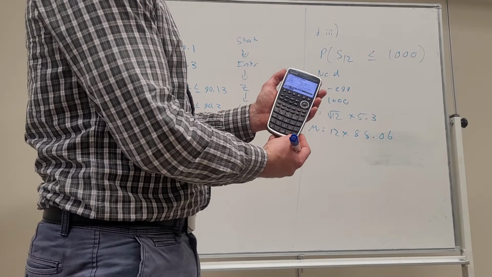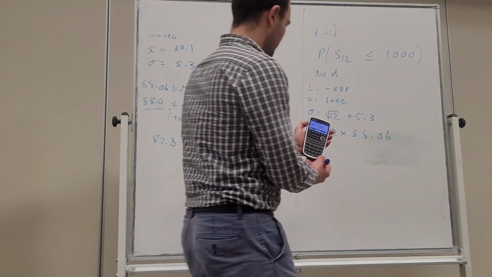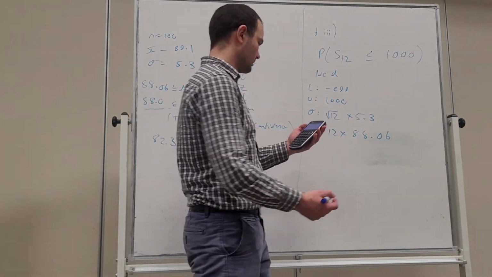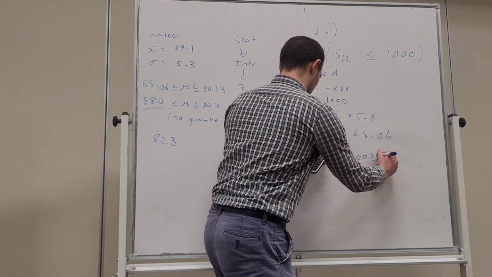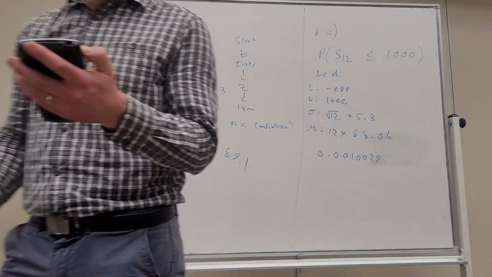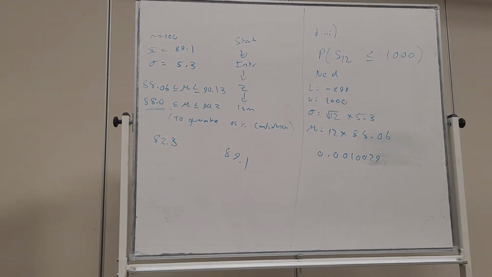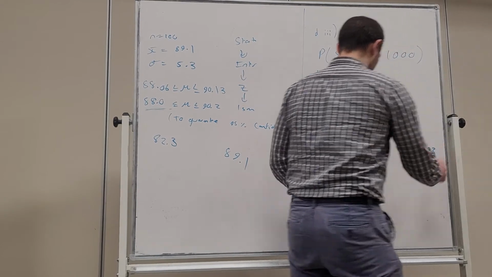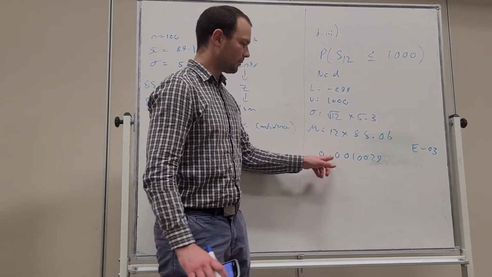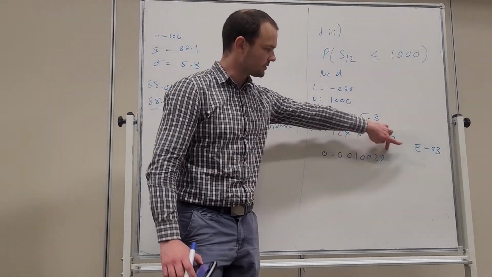Yep, that's how I'm doing it. And I've got 0.001029, so that's 1.029 e to the negative 3. When you have e to the negative 3, it means 3 zeros after the decimal place and then all the digits that it gives you.